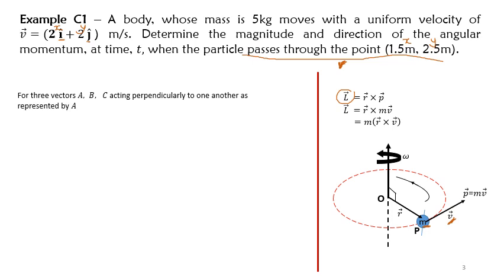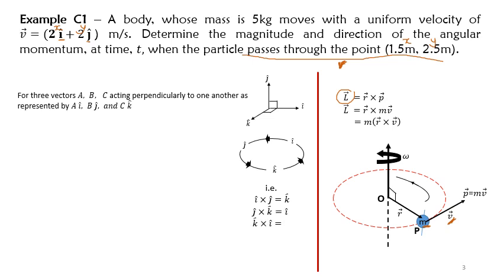For three vectors A, B, C acting perpendicular to one another, as represented by the unit directional vectors i, j and k, A is acting along i, B is acting along the j direction, and C is acting along the k direction.